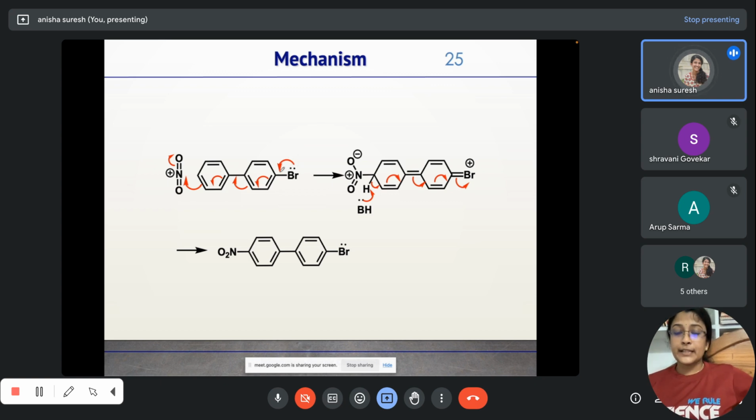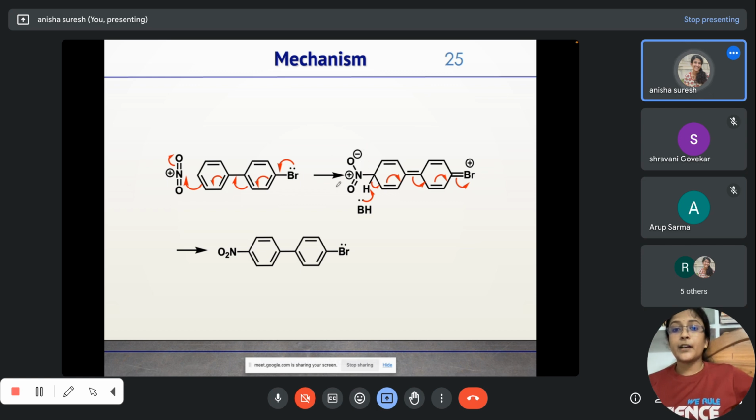A double bond will be formed here. This double bond will migrate into this position, and then this position, and then this position. This double bond is going and attacking this positively charged nitrogen, and this N double bond O will break, and a negative charge will be generated on the oxygen.